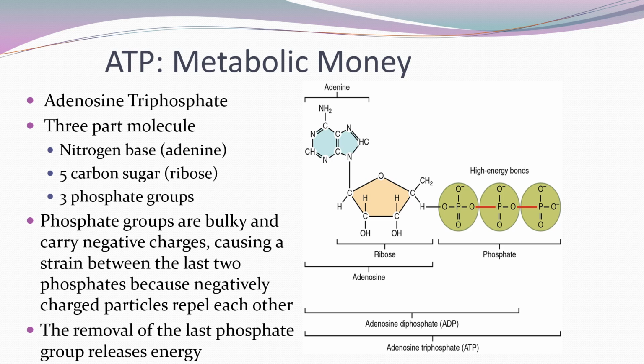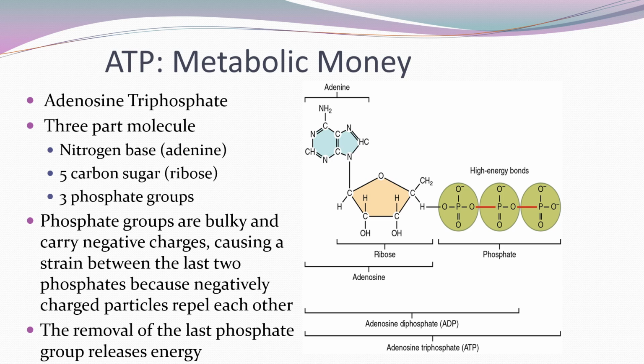So that's kind of the big point here with these 3 phosphate groups, is that the energy is going to come from one of those phosphate groups popping away from the other 2, which turns ATP, adenosine triphosphate, into ADP, which is adenosine diphosphate.